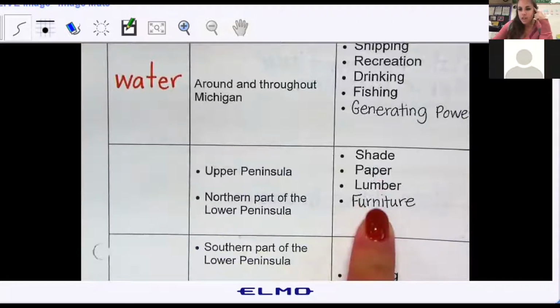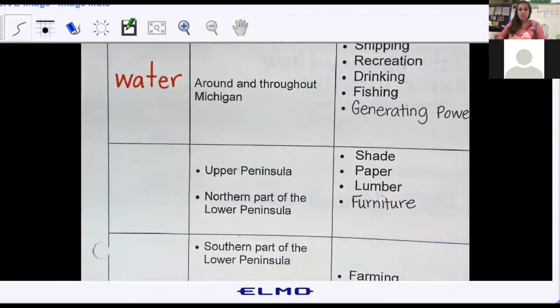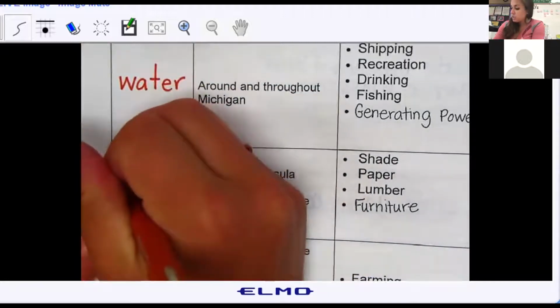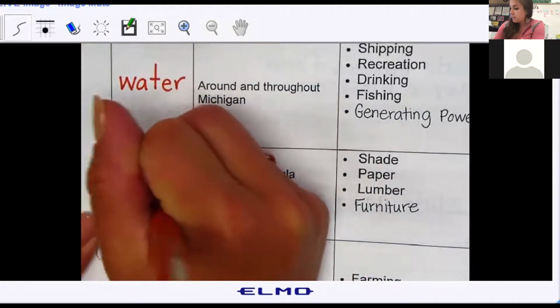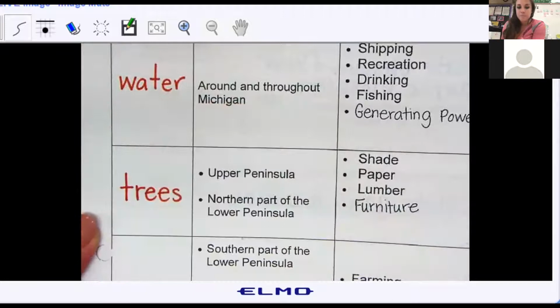What natural characteristic, things we find in nature, helps us with these things? What do you think? All right, some of you might be saying trees, some of you might be saying forests. Either of those would work. So I'm just going to write trees, but if you put a forest, that works as well.